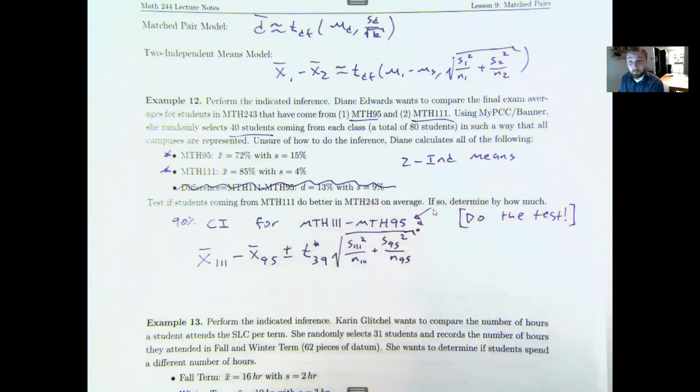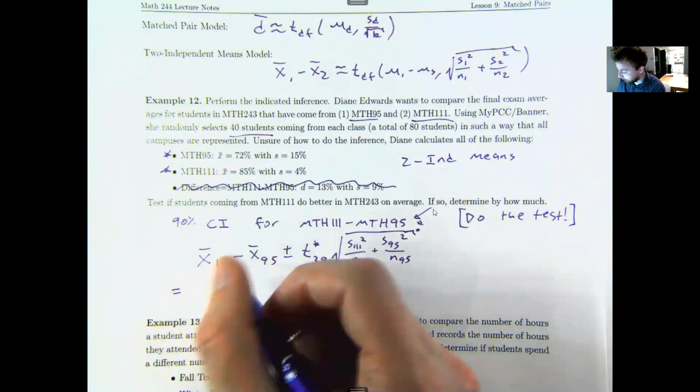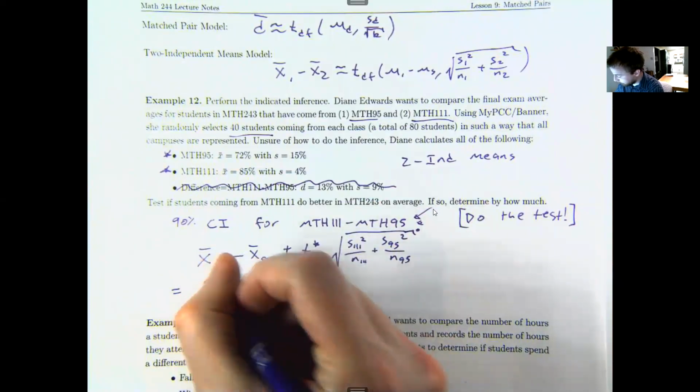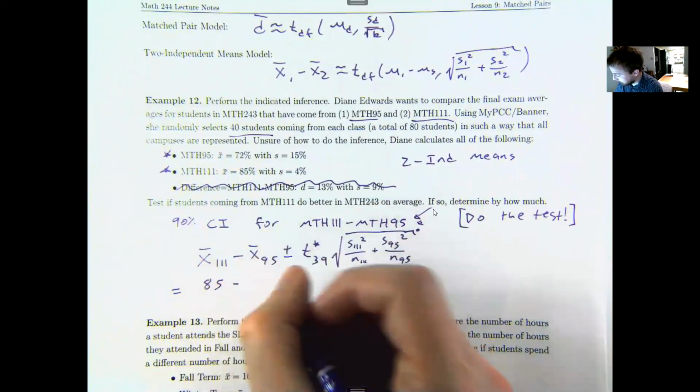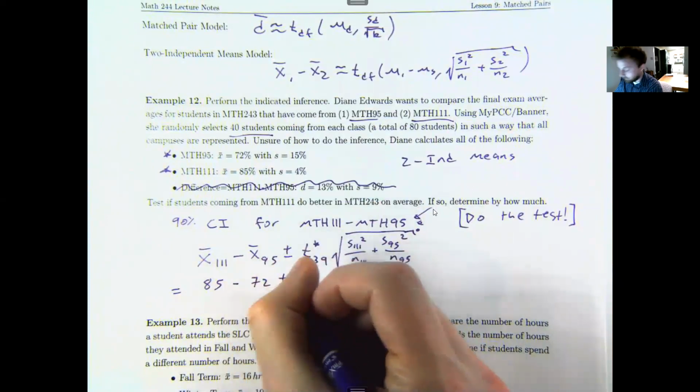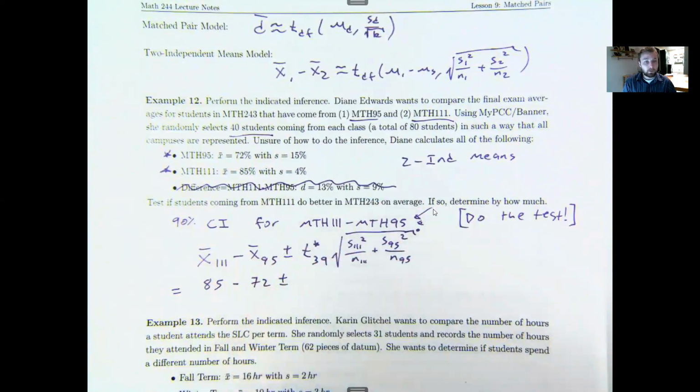And I'm going to plug in some numbers. Average for 111 was 85%. Average for 95 was 72.